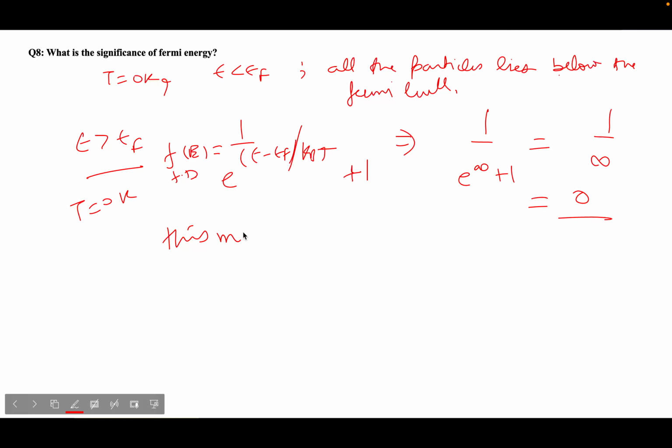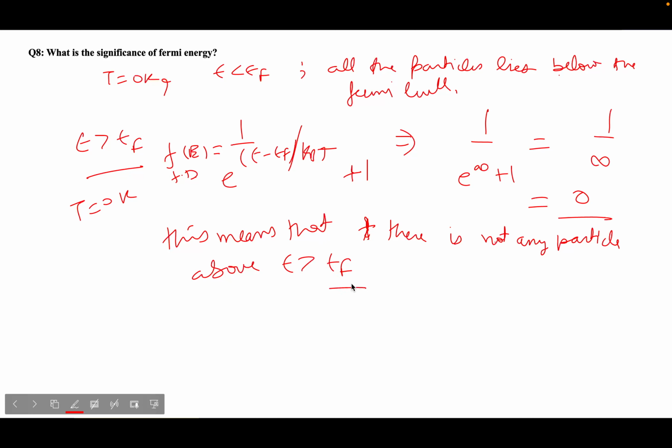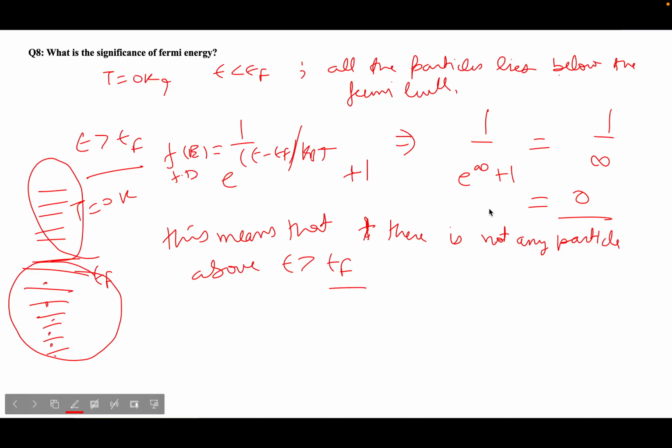This means that there is not any particle above EF. So let's say this is EF and these are the other states. There is no particle above this Fermi level, but all the particles lie below this Fermi level.